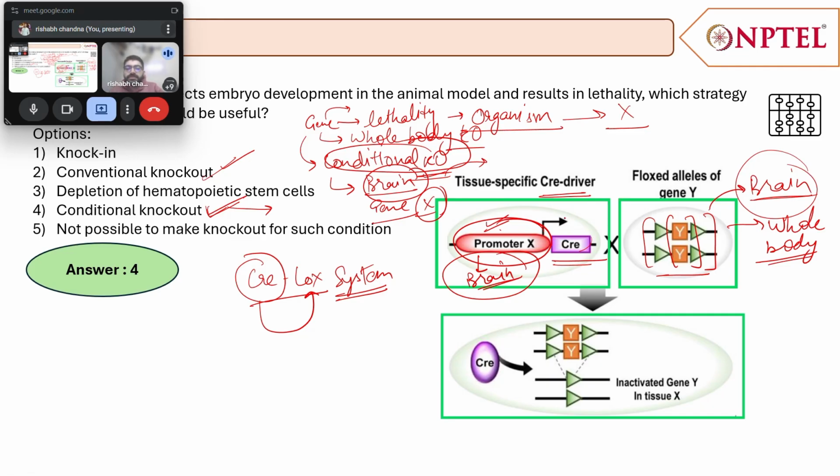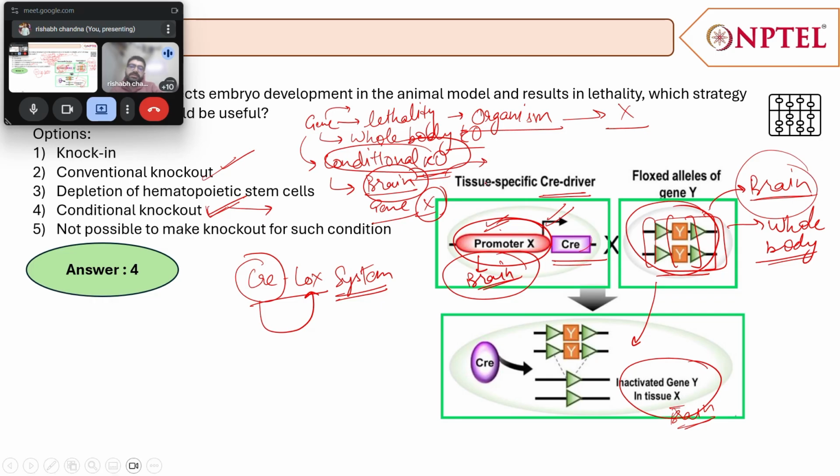So, if this Cre is expressed in the brain, it will knock out or remove this particular Y gene that is present in the Lox sites. That will lead to inactivation of gene Y in tissue X, that is the brain. So this helps in producing conditional knockout mice.